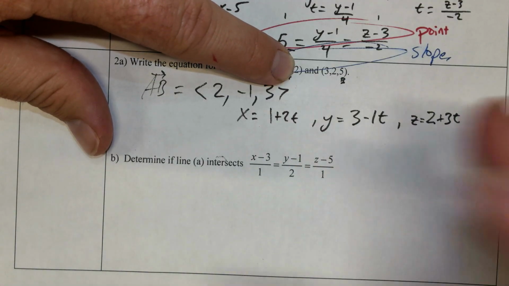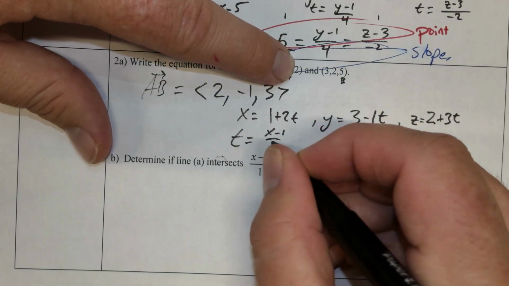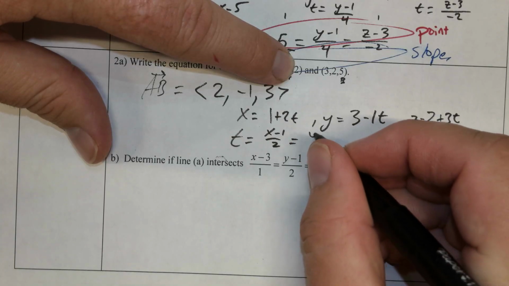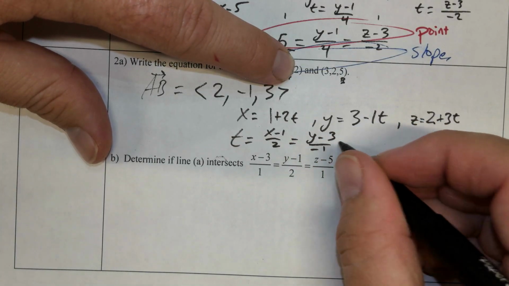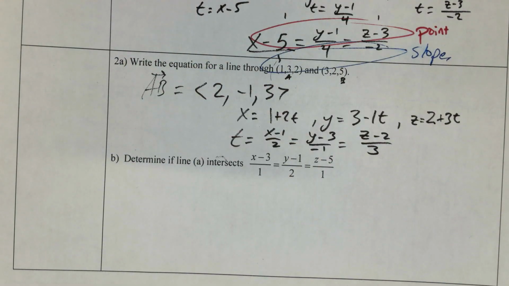Last but not least, again, I could solve those all into that symmetric format. x minus 1 over 2, y minus 3 over negative 1, z minus 2 over 3. Really nice, really interchangeable, etc.